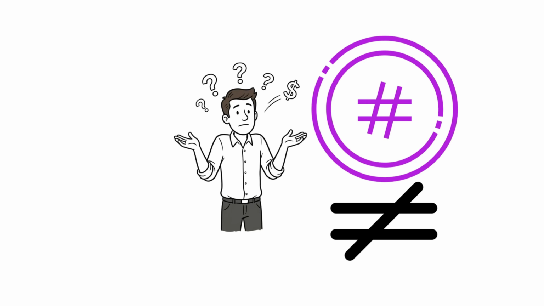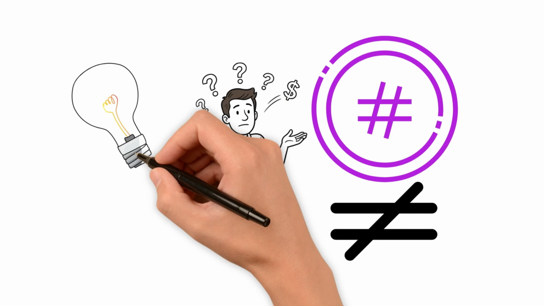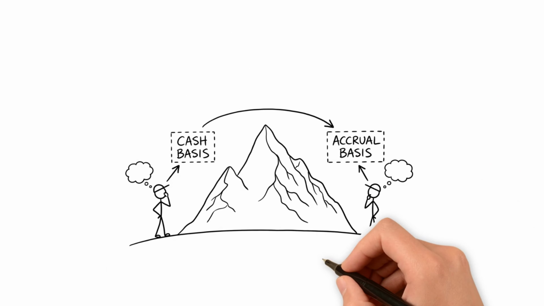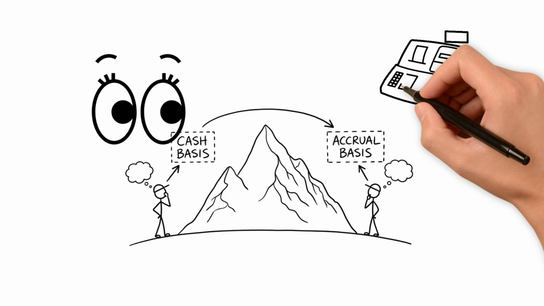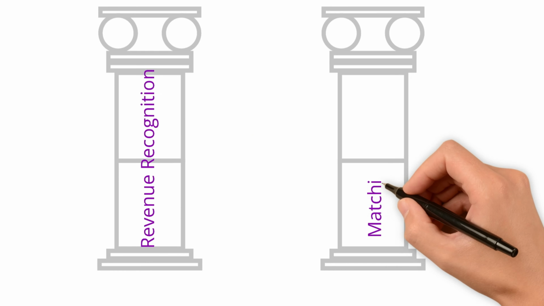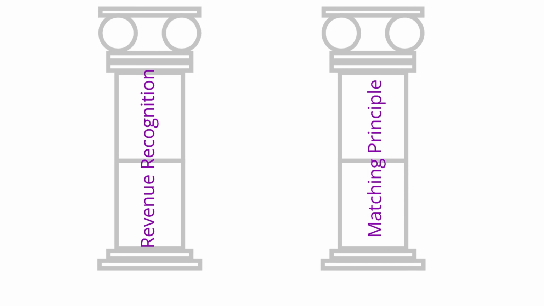So, let's go back to that initial frustration, the numbers that just didn't add up. Now you know why. It wasn't a mistake you made, it was just one way of looking at the figures, the cash method. By getting your head around the revenue recognition and matching principles, you now understand the core of accrual accounting.